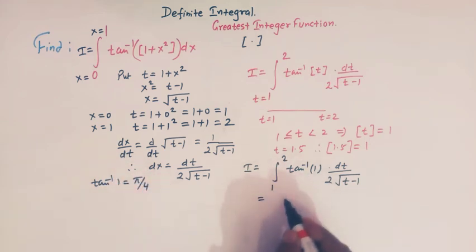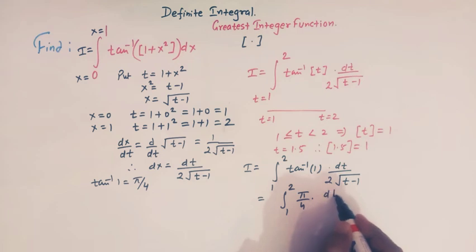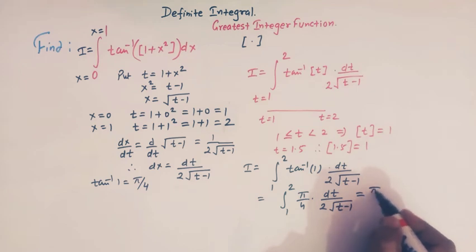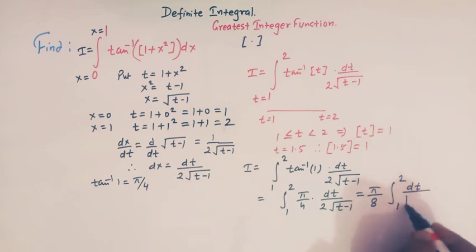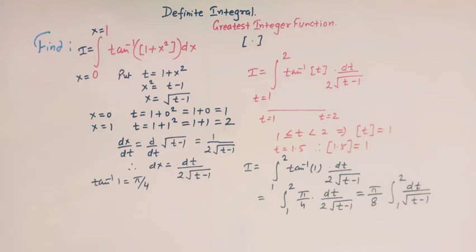So now we can write the integral from 1 to 2 of pi over 4, dt over 2 times square root of t minus 1, and this can be written as pi over 8 times the integral from 1 to 2 of dt over square root of t minus 1.